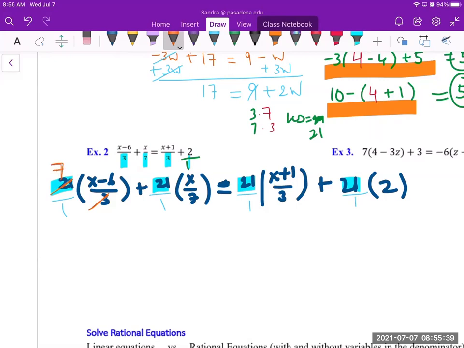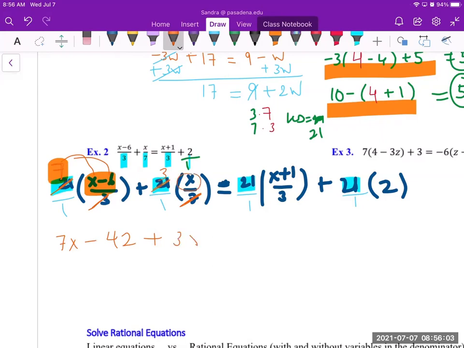Okay, so now I'm going to multiply the 7 times the x minus 6. So that is going to be 7x minus 42. Okay, now I'm going to move on to the next one. Plus, well, 7 divides the 21. That will give me a 3. I'm going to multiply that 3 times this x.